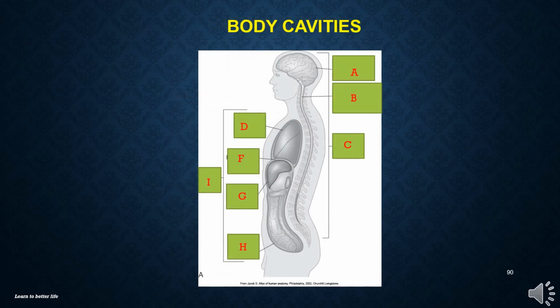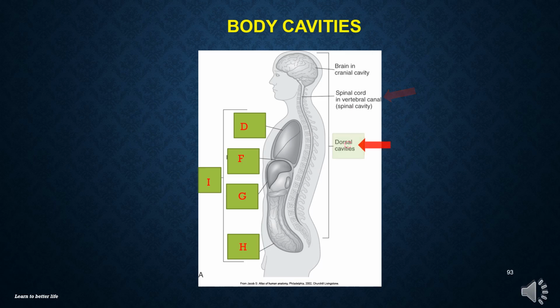Just a few more. You can do it. A is the brain in the cranial cavity. B is the spinal cord in the vertebral canal or spinal cavity. C is the dorsal cavity. H is the pelvic cavity.